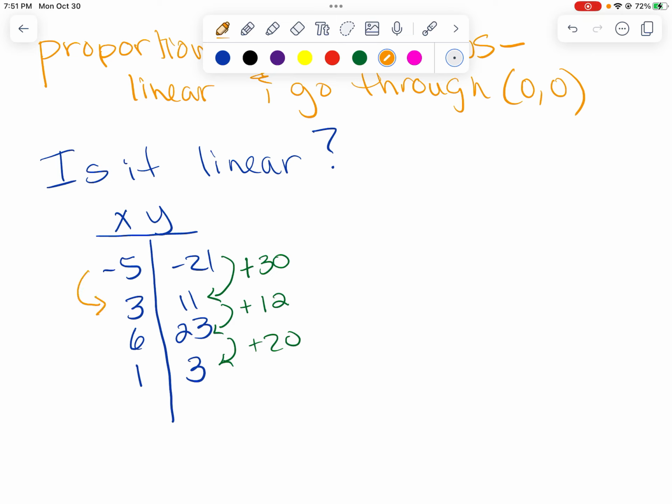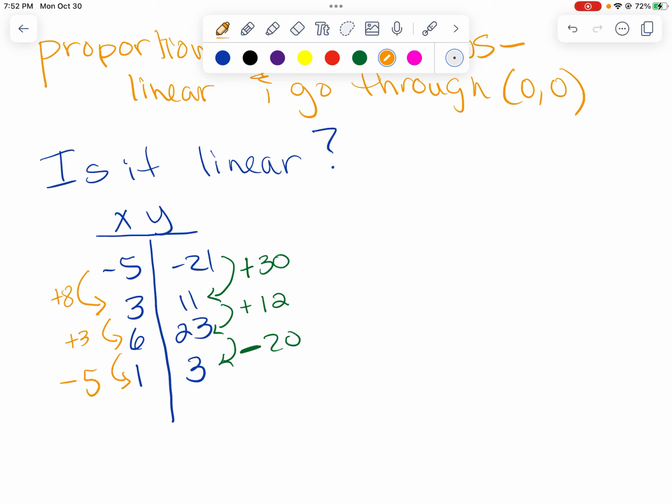Here I went up 8. Here I went up 3. Here I went, oh, wait a second. I messed up. This went down 20. And then this one went down 5.